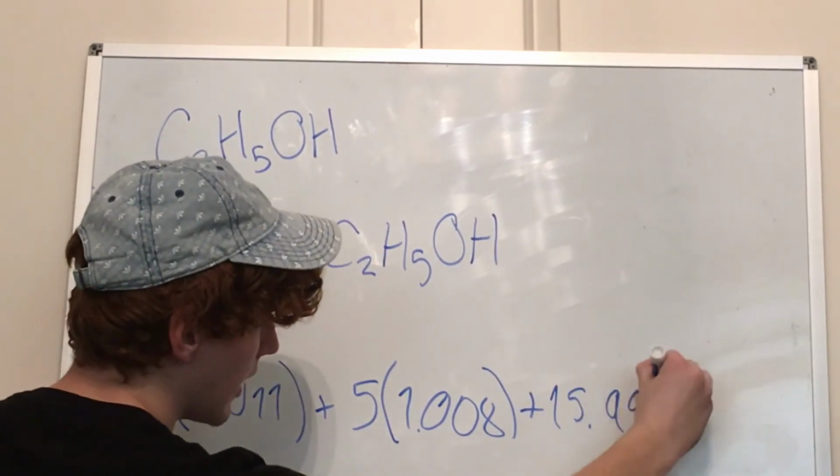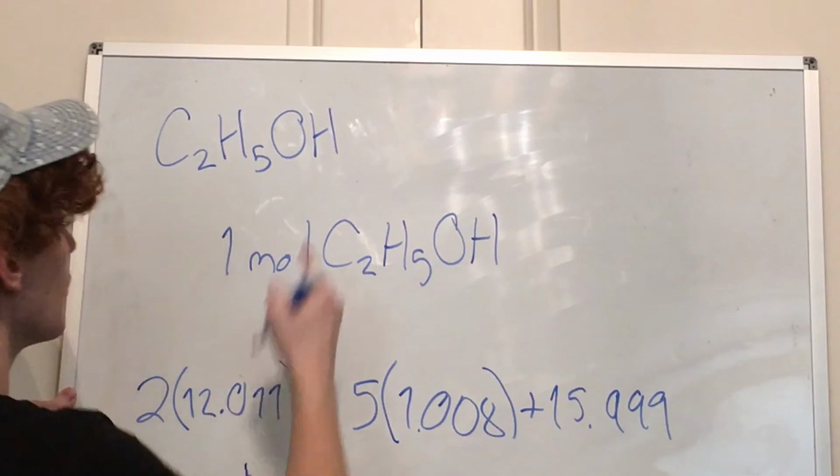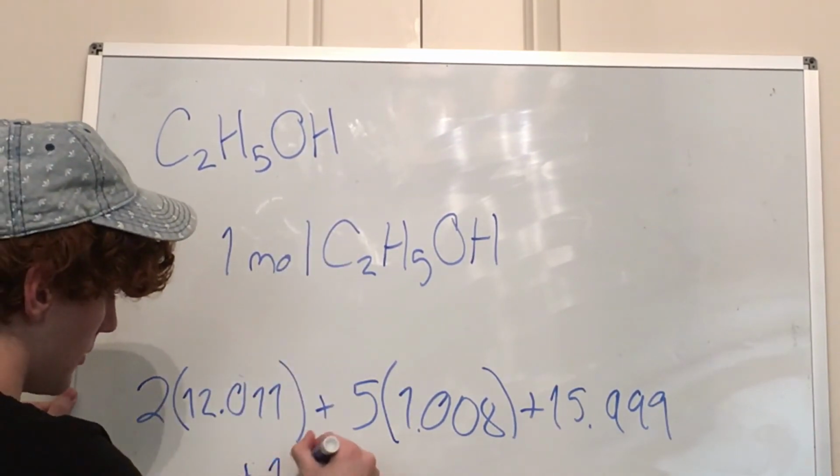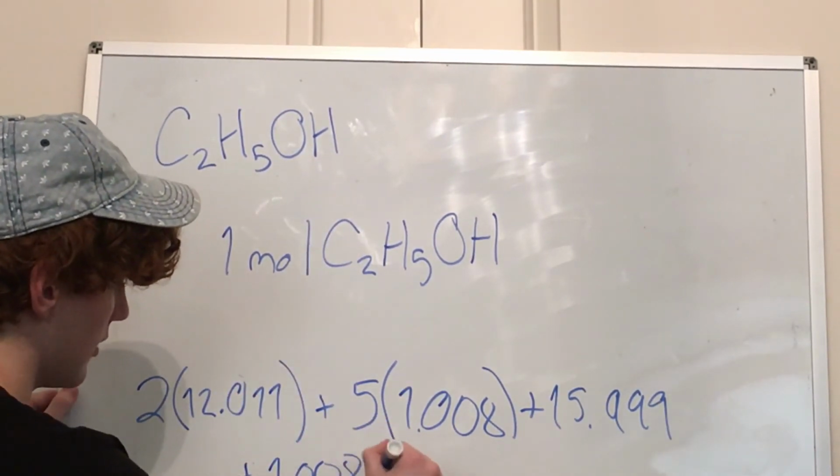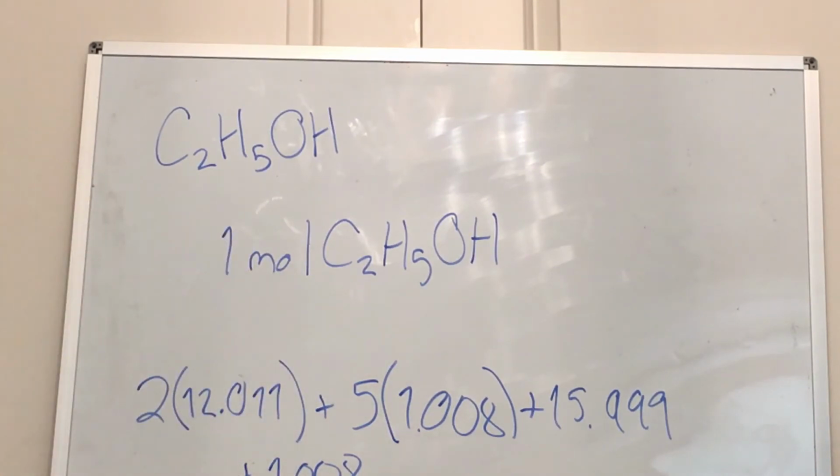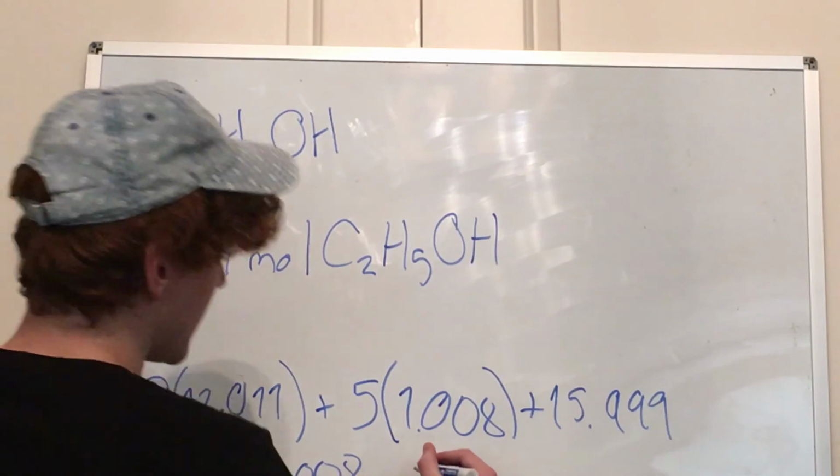Oxygen's number is 15.999, plus 1 more hydrogen, 1.008. And that's going to equal something like 46 grams.